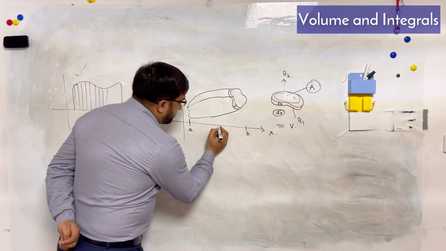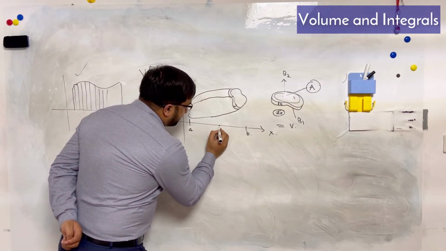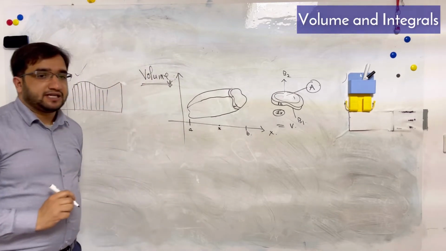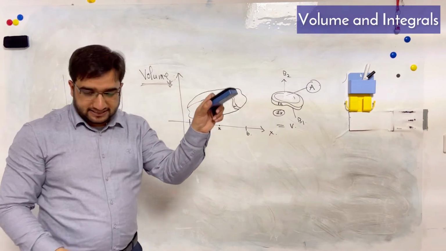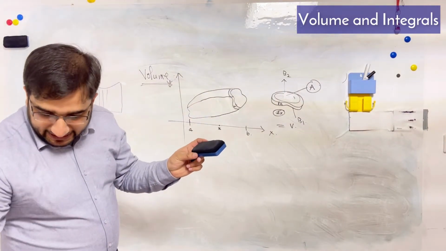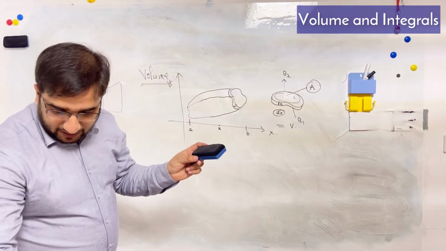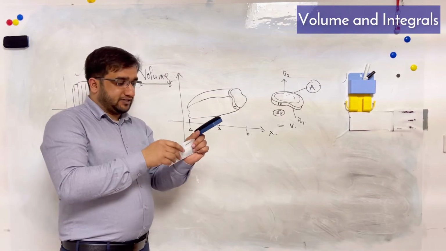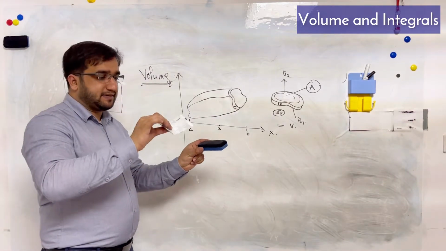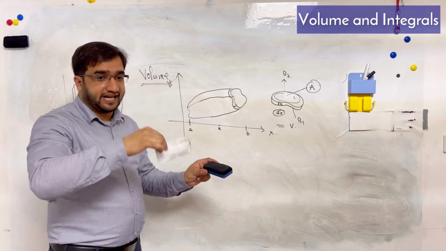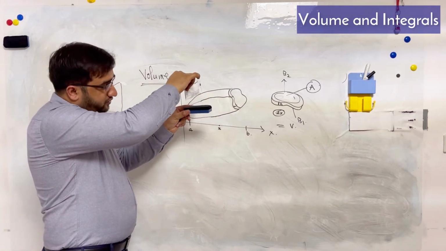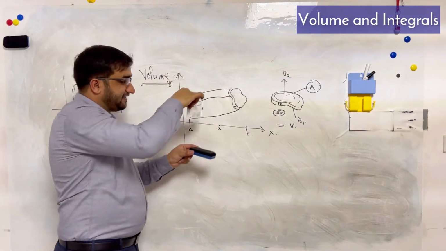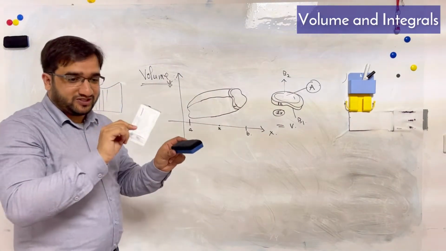Now I'm assuming, suppose anywhere there is a point X, and suppose this is the cream roll, and I pick up a small rectangular plane. This is a plane, or you can assume a knife, and I cut this piece like this. So I'm going to draw this plane here, just like a knife. Do you understand this?